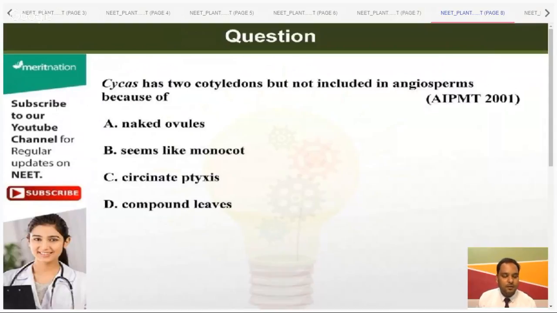The answer is naked seed. We were discussing this from the beginning of the class. This question is from AIPMT 2001. A naked ovule, and thus a naked seed without a fruit.